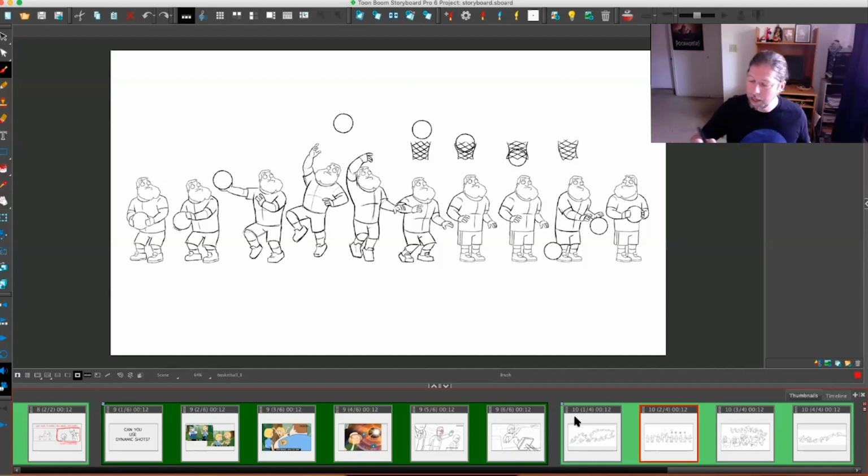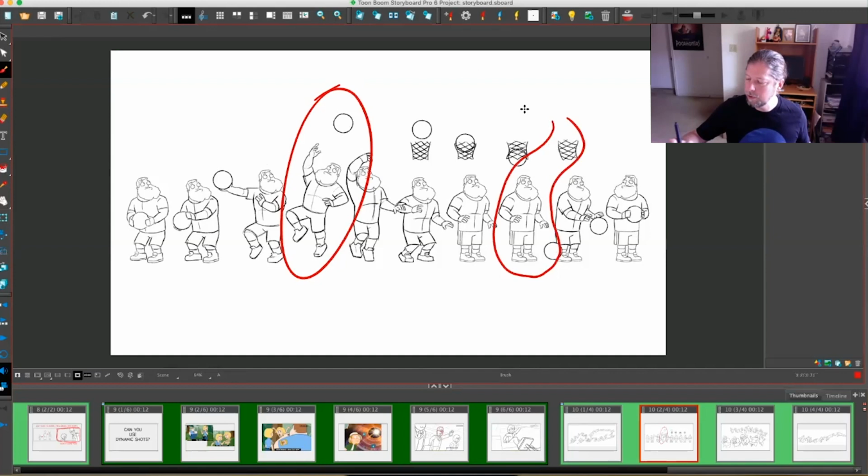And so yes, it could be possible that you could draw this pose and this pose with the ball falling and get back a decent enough hook shot. But it is risky, and sometimes you will be asked to specifically do a number of these poses.